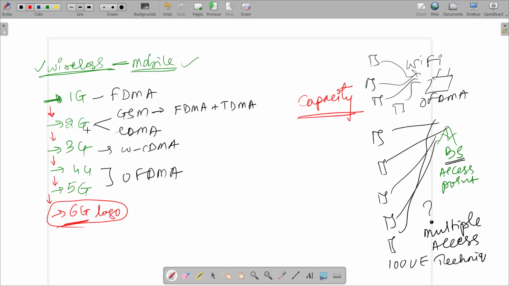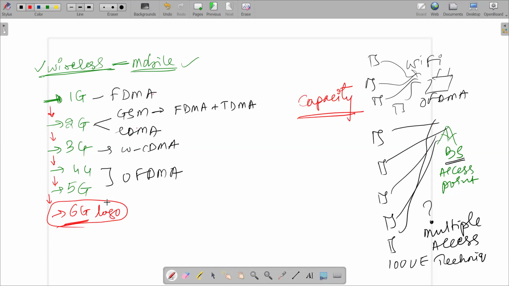Move to 2G, little superior compared to 1G. Again 2G was not sufficient, then move to 3G, not sufficient, 4G, not sufficient, 5G. Till 4G the aim is different: 1G and 2G aim only CS voice calls, but the aim shifted from 3G to 4G completely to data. Of course voice is there.